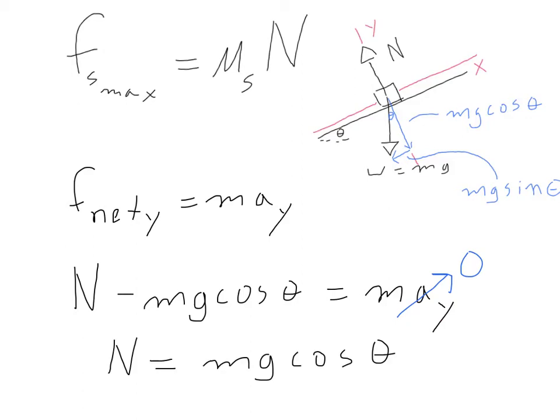And I can see that for a block on an inclined plane, or a block on a ramp, the normal force is actually less than the weight of the object. Notice cosine theta is always less than 1, or equal to 1 if angle theta is 0 degrees. But if angle theta was 0 degrees, it wouldn't be an inclined plane, it would be a horizontal plane, and I just get the previous case we've talked about.